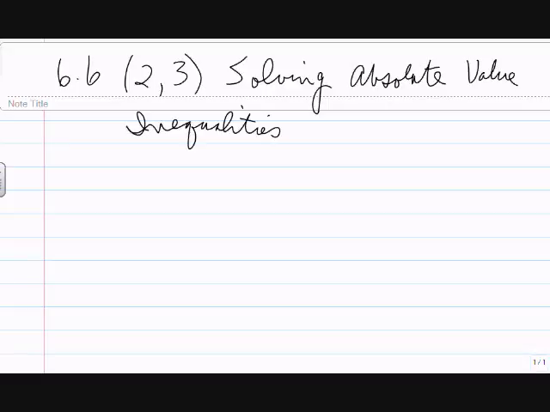So, for example, we might have the absolute value of x plus 2 is greater than 1. If I have the absolute value of x plus 2 is greater than 1, I can't just go directly to my answer. I have to, like we always do with absolute value, make two inequalities this time instead of equations.